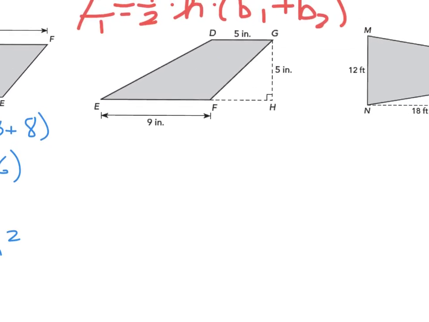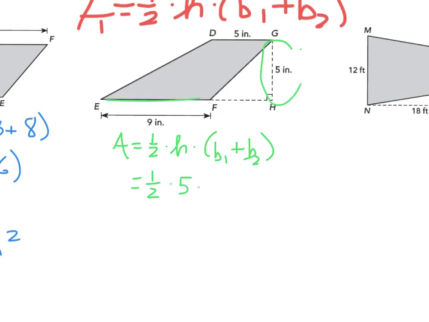For the middle one, we know that area is 1/2 times the height times the sum of the top and bottom base. So that's going to be 1/2. The height between them listed here is 5, times the two bases added together, which will be 9 plus 5.